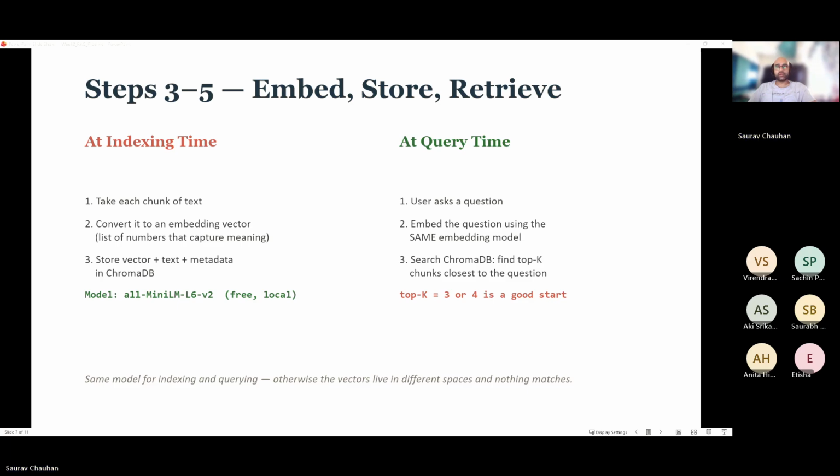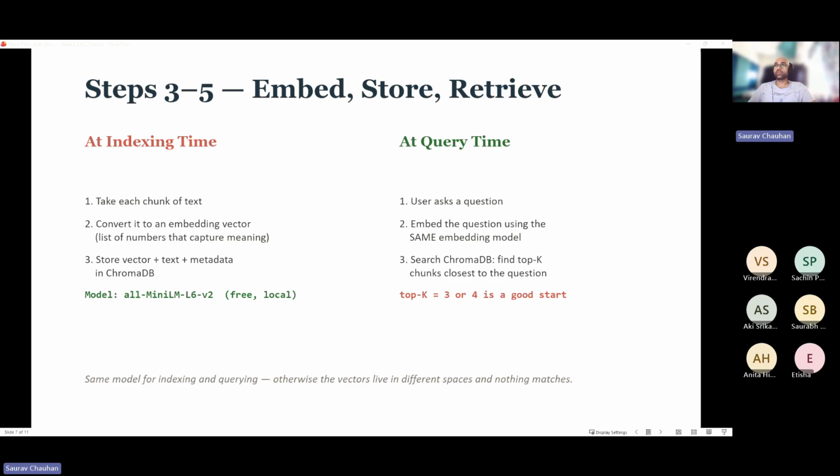And apart from that, there is one crucial thing. As we discussed yesterday about interview questions, this is also something that will keep coming up in interviews. You must use the same embedding model for indexing and querying. Suppose you embed your documents with model A and then embed your questions with model B, the vectors live in different mathematical spaces.